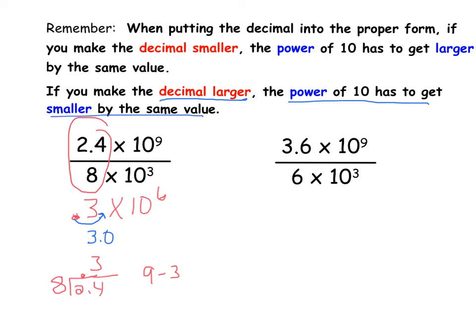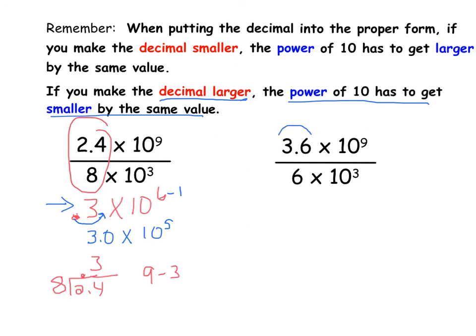So we made it one place value larger, so the exponent has to go down 1. So now we have 3 times 10 to the 5th. If you cannot remember the rule, please, when in doubt, write it out. Write out what this is in standard form and then change it back into scientific notation.